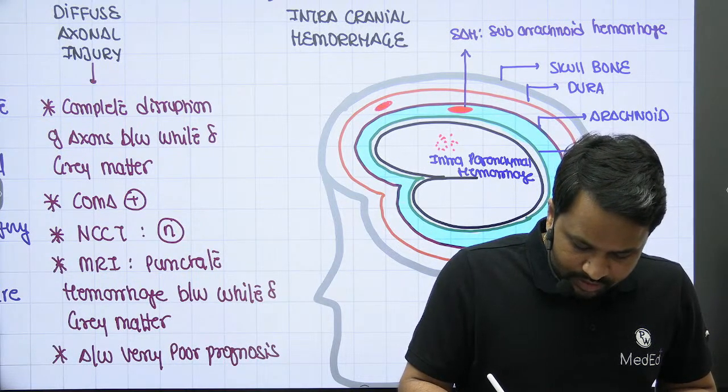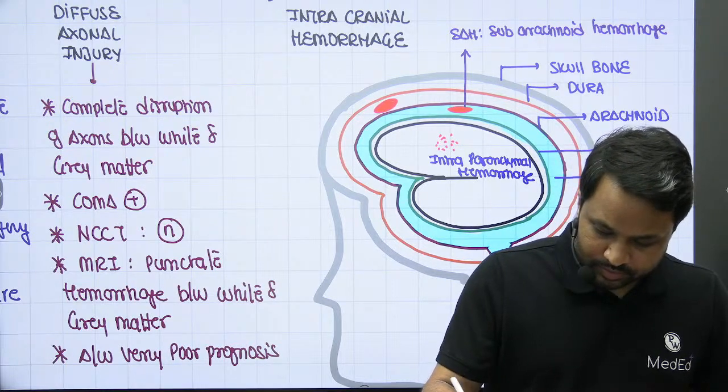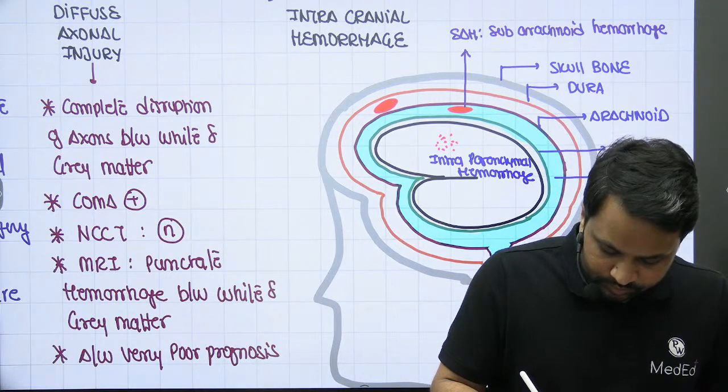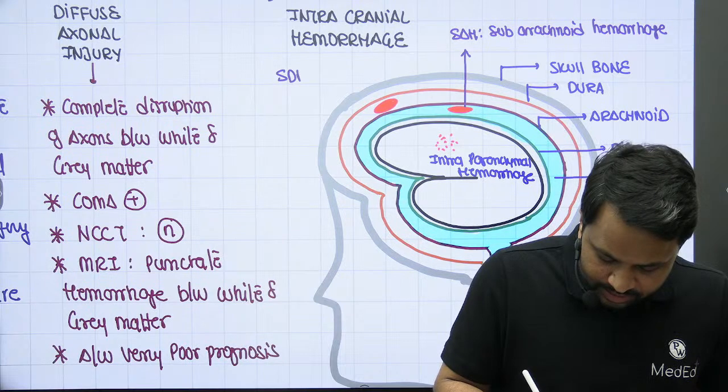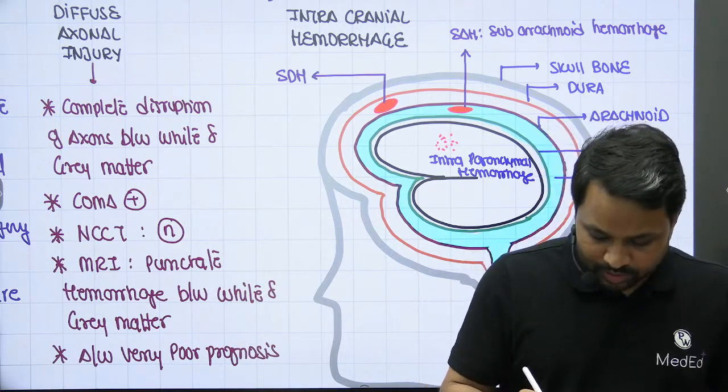Then you have this, which is under the dura, which is your subdural hemorrhage, which is called SDH. SDH is your subdural hemorrhage.